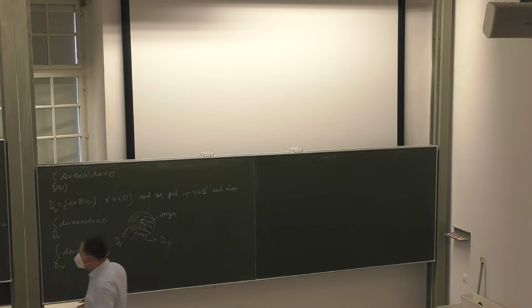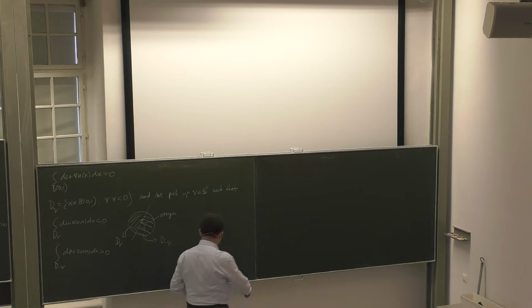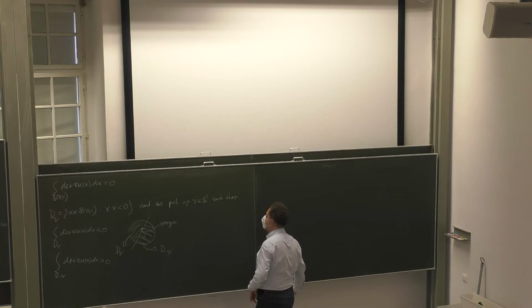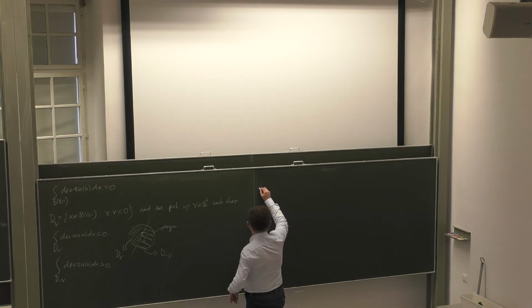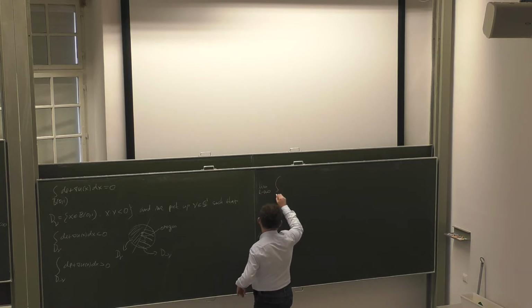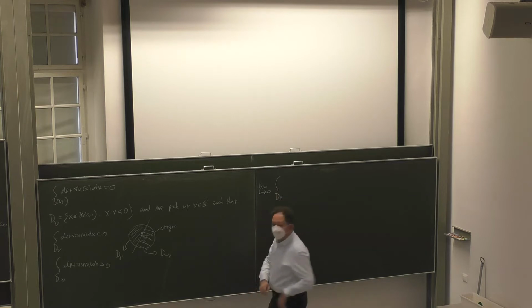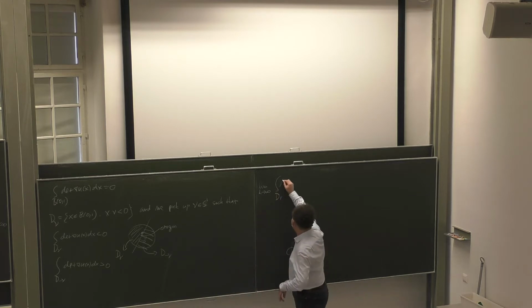So now what we do, we check this convergence on this half ball. We take the limit for k going to infinity on this half ball of the determinant of grad u_k dx.